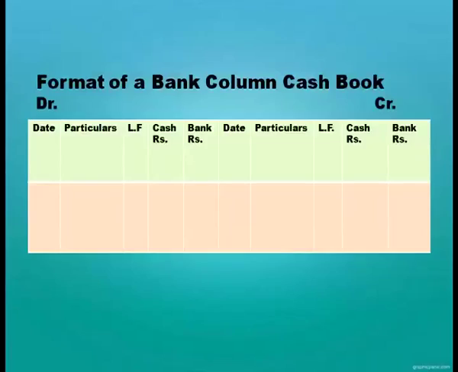Here is a format. Just like a simple cash book, one more column I have added for the amount, that is the bank column. Date, particulars, ledger folio, cash amount column and bank amount column on both sides, one on the debit side and on the credit side.